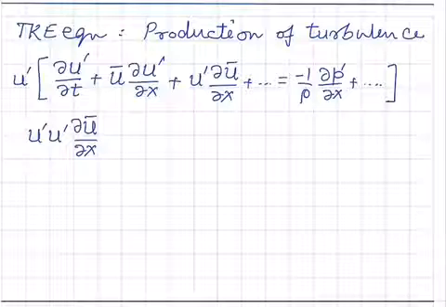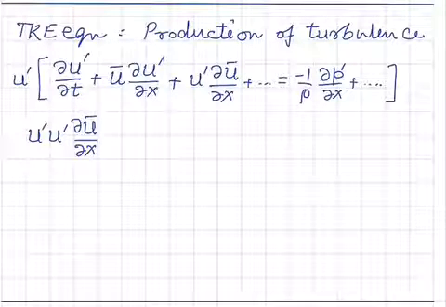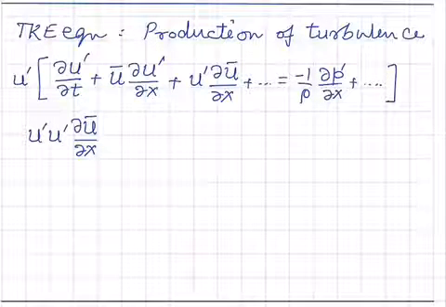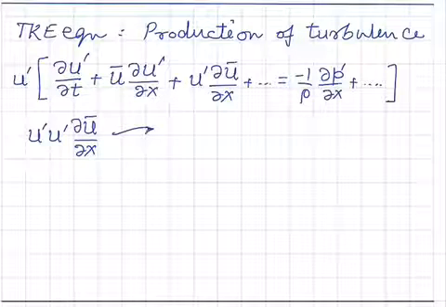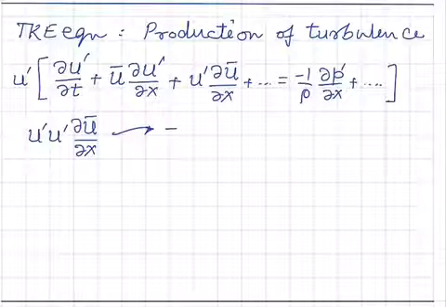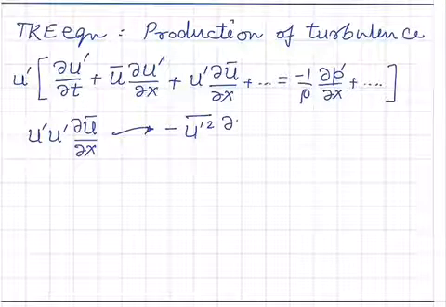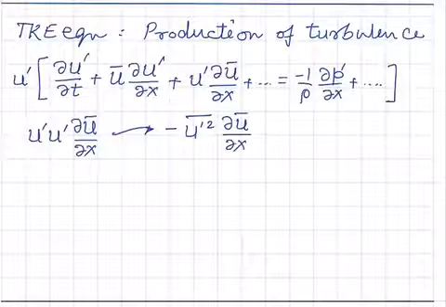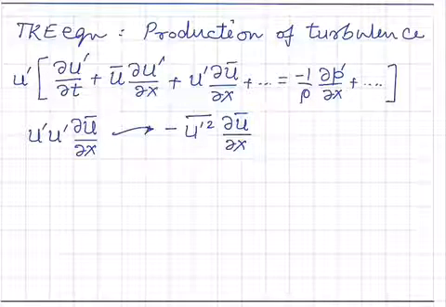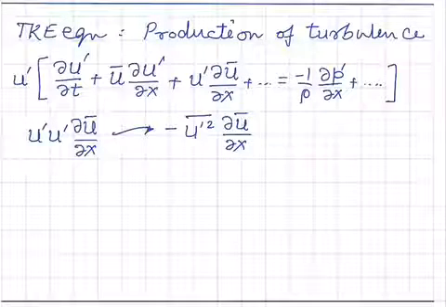If I take it to the right hand side, it gets the form minus u prime square du bar dx, with an additional minus sign on the right hand side.